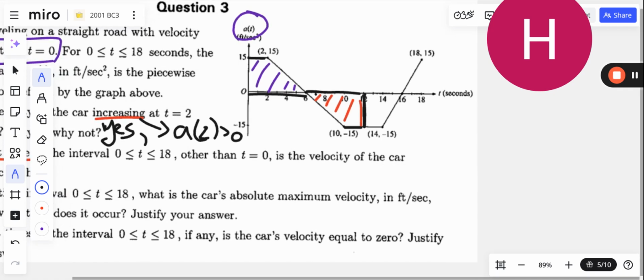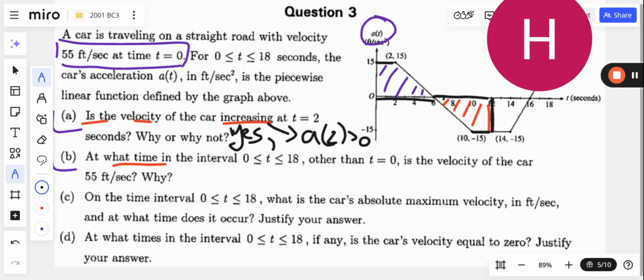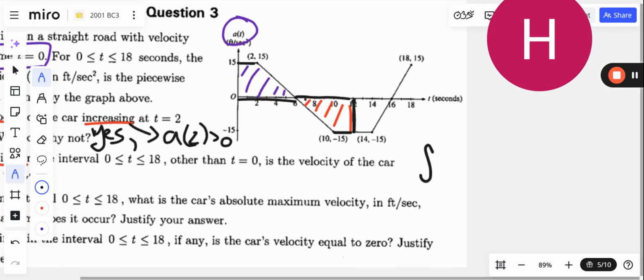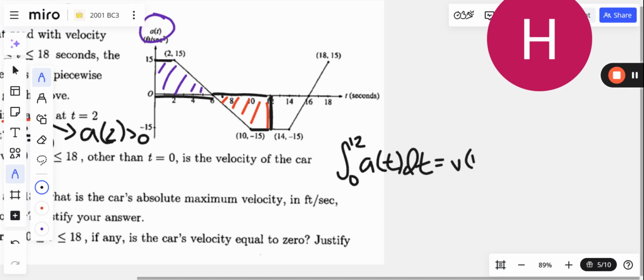So what I can say is that the integral from 0 to 12 of a of t dt is equal to the change in the velocity over that time, which means v of 12 minus v of 0.